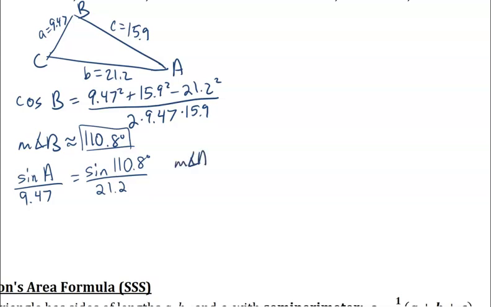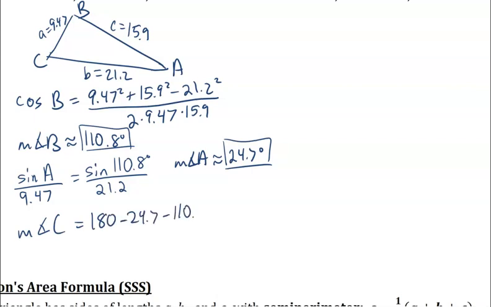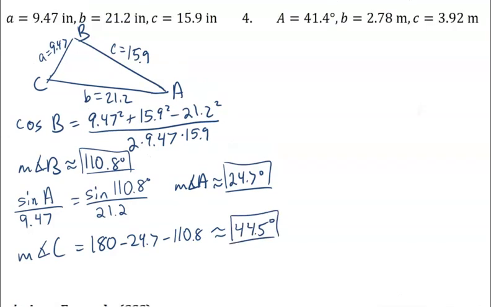So the measure of angle A, the inverse of that, comes out to be 24.7 degrees. And then again, subtract from 180 to get the third angle, which is C. So 180 minus 24.7 minus 110.8. And we get about 44.5 degrees. Okay, so angle C, angle A, and angle B.